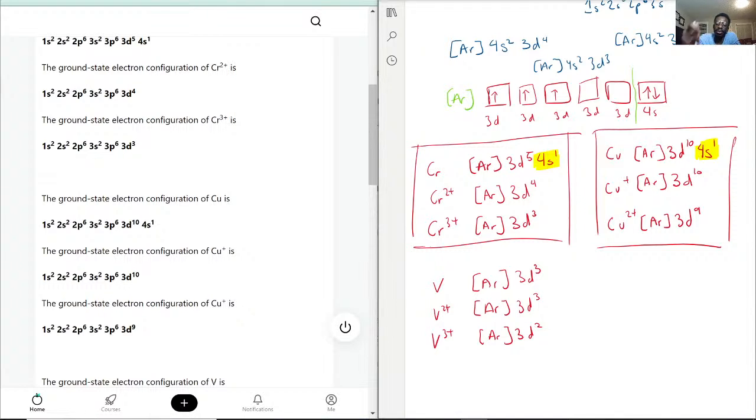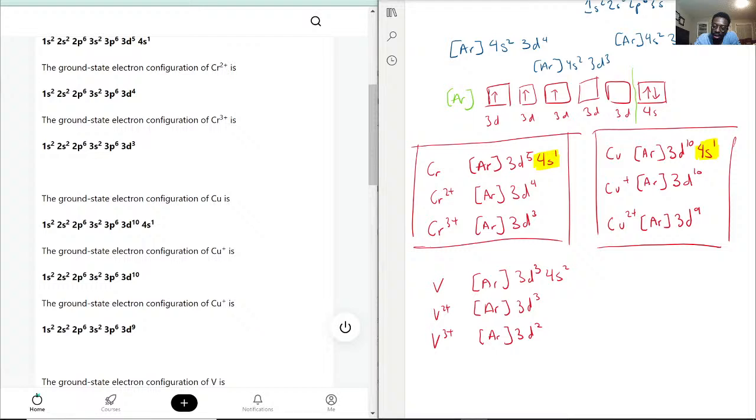So if I had to get rid of both from the fourth one, it's already expending a little too much energy to try to balance itself out. So it would make sense why it would want both to just stay in the 4s. So it would be 3d3 4s2.